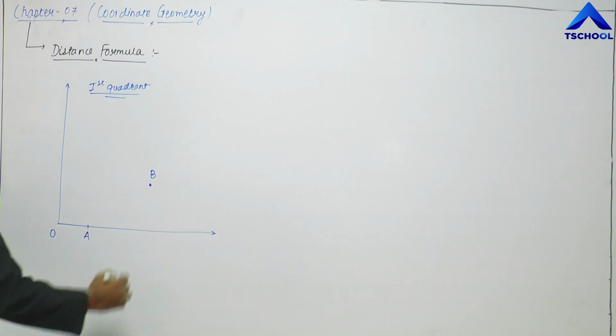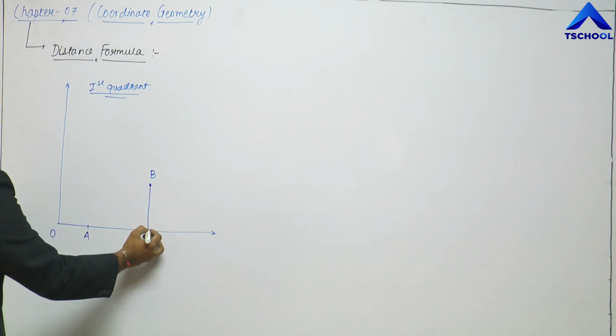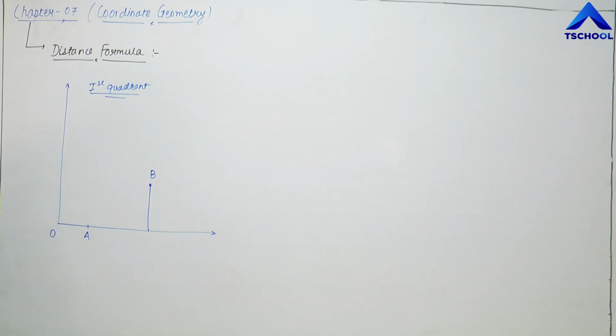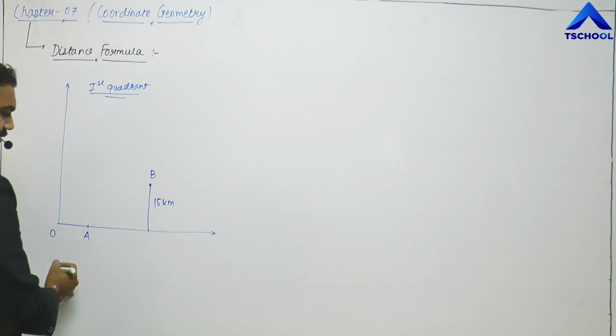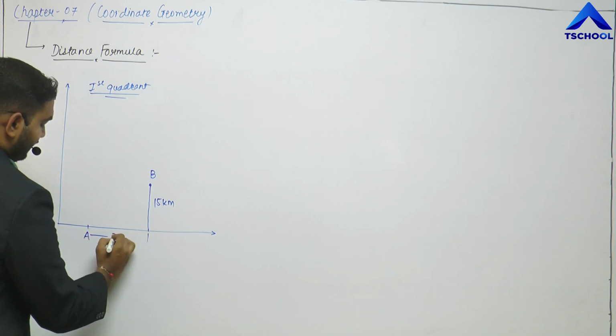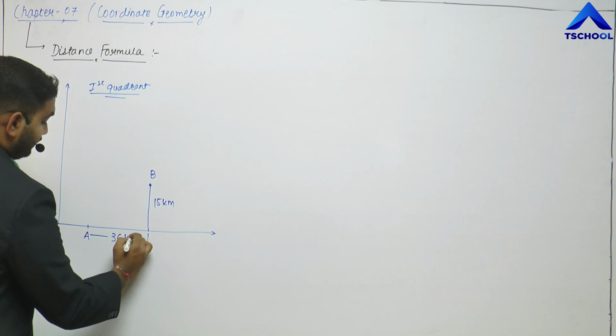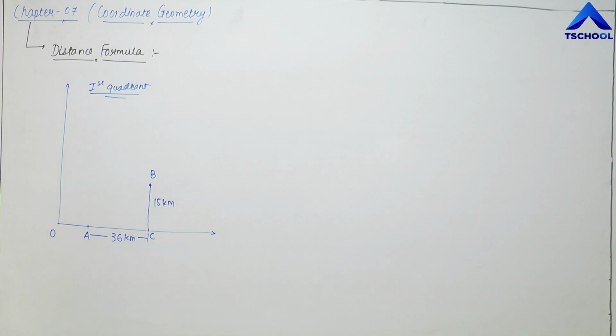Now we know that the distance of town B from the x-axis is 15 kilometers. And the distance of town A from the point C is 36 kilometers.